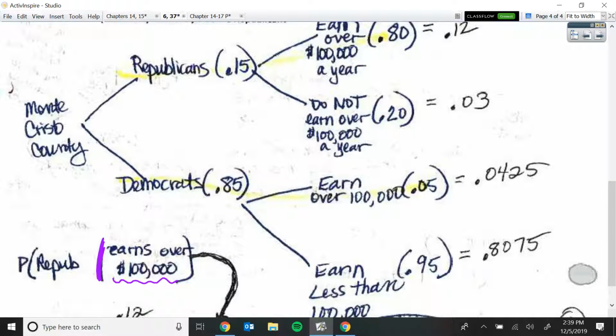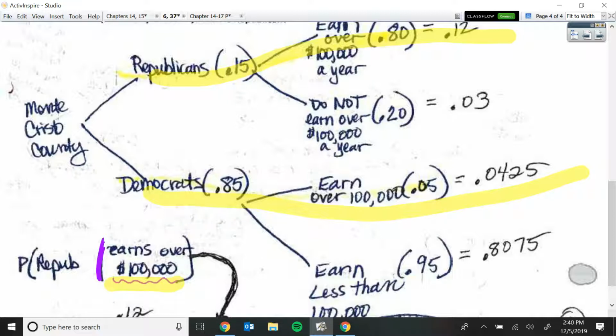So what should the denominator be? The denominator should be all the people who do what? Earn over $100,000. Good. And so that would be the Republicans who earn over $100,000 or the Democrats who earn over $100,000. So there's our denominator.